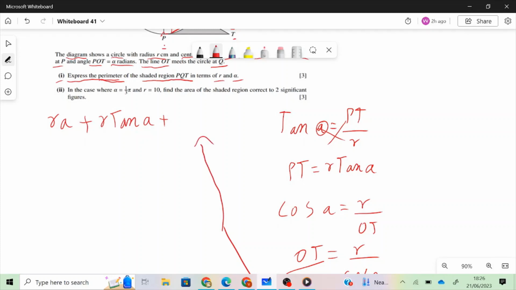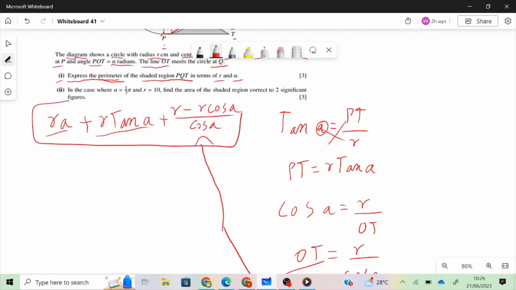So we have R alpha plus R tan alpha plus R minus R cos alpha, all over cos alpha. And that is the final answer for that part. Again, it said express it in terms of R and alpha, and that is what we have precisely done.